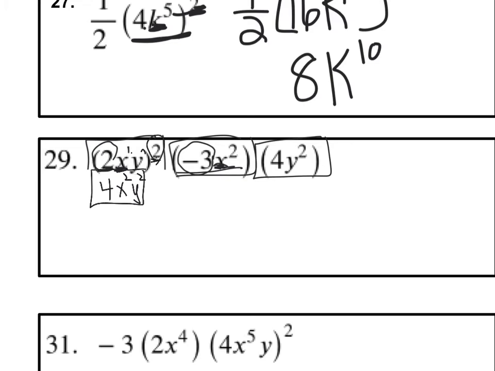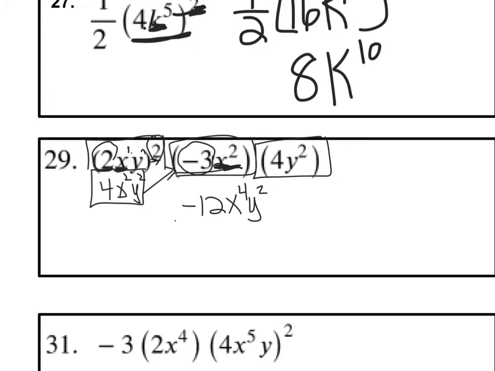Now I'm going to multiply this with that. Made a difference, didn't it? So 4 times -3 is -12. X squared times x squared. They both have the base of x, so we're adding the exponents. And then y squared, there's not a y over here, so I write it down. It doesn't go away, I just write it down.